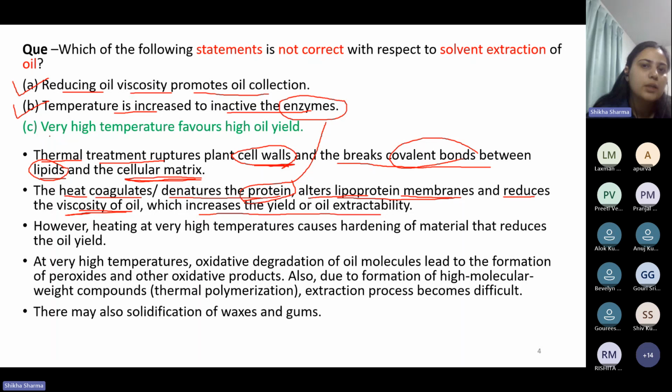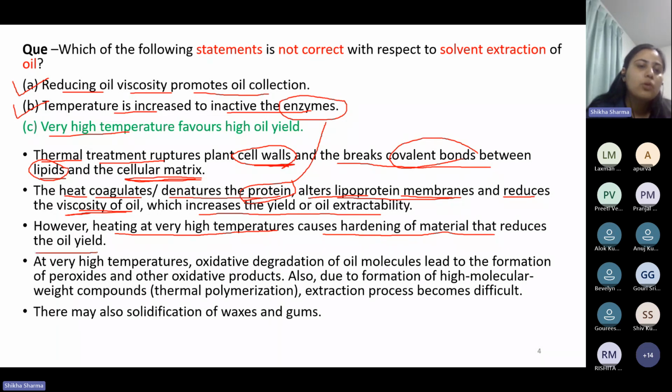But statement 3, that if we increase the temperature very high, like heating at very high temperature, it causes hardening of the material that reduces the oil yield.